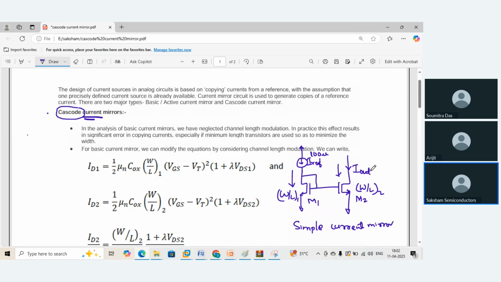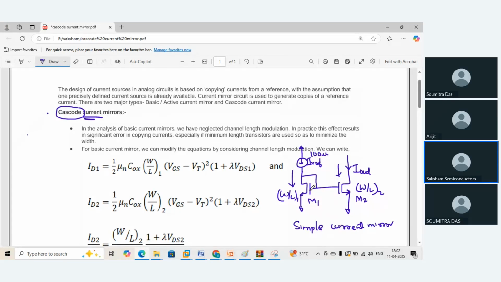But when it goes to the actual real-time circuitry, in the industry standard, we always have to consider the MOSFET as a practical entity and not a theoretical entity. What does that mean? The ideal ID current equation in saturation region is given by 1 by 2 mu n Cox W by L (VGS minus VT) whole square.